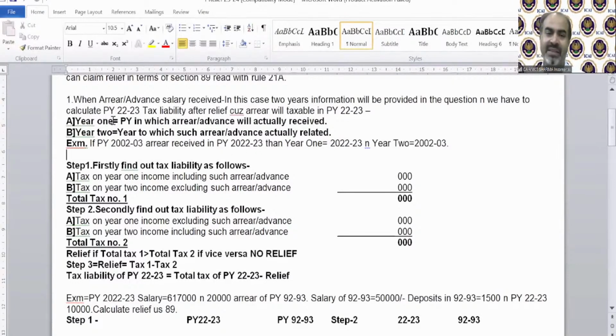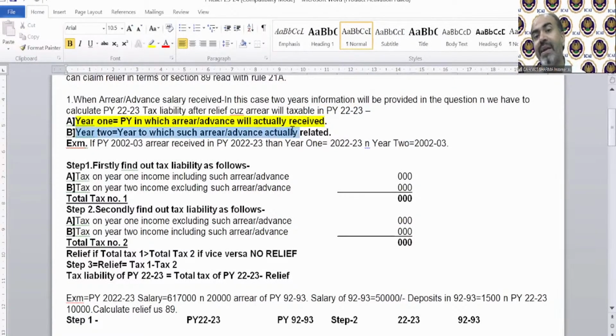You can say year X, year Y, year 1, year 2, year A, year B, anything. So we are just saying year 1, we are assuming the previous year in which arrear or advance is actually received. We will call it year 1. Year 1 is the current previous year in which the amount is actually received. Clear? And what is year 2? Year 1 is the amount received, that is our normal previous year.